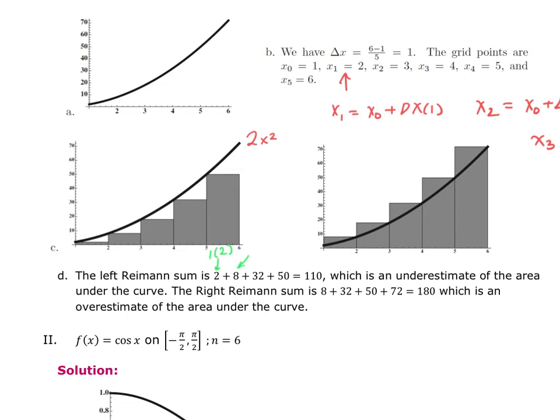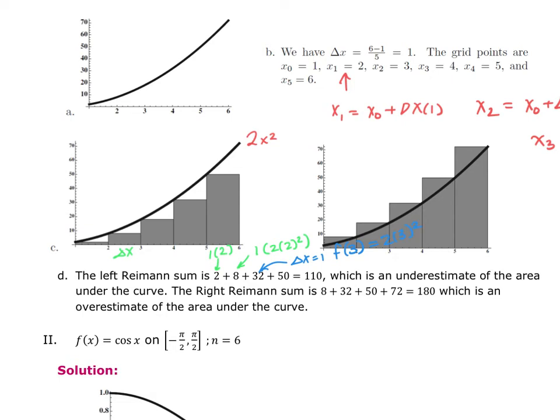This is my width, so delta x, which is 1, multiplied by 2, and then 2 squared, that's why that's an 8. The 32 is my delta x, which is 1, and my f of, now what I'm putting in is 3, which gives me 2 times 3 squared.